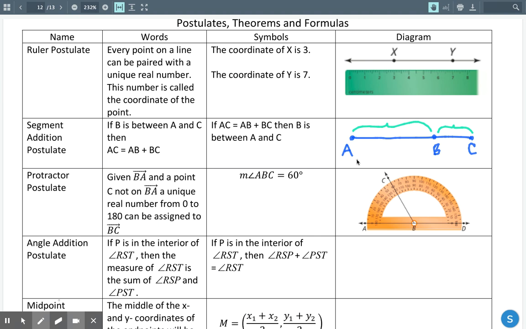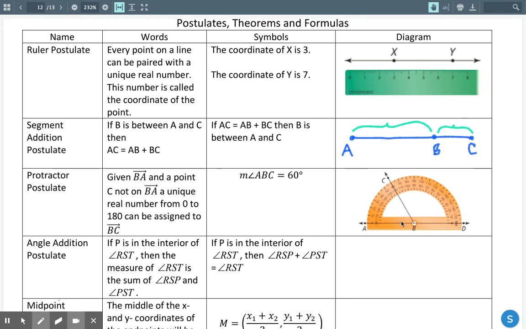Okay, so the next one is the protractor postulate. We will be looking at protractors a little bit in this class. So it says, given a ray, notice how the ray is written, right? An endpoint on one side and an arrow on the other. So given ray BA, so right here from B to A, and a point C, here's point C, not on that ray, it's saying if I have a ray and a point not on the ray, those 3 points create an angle.